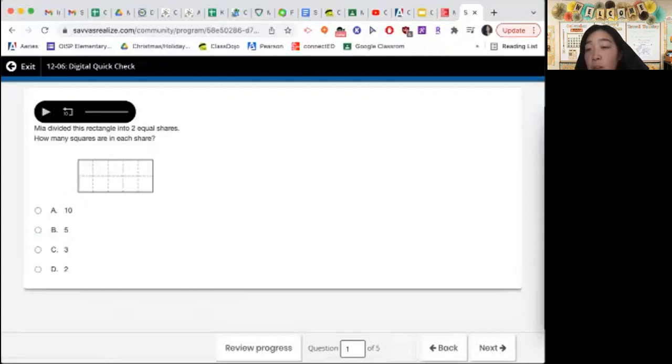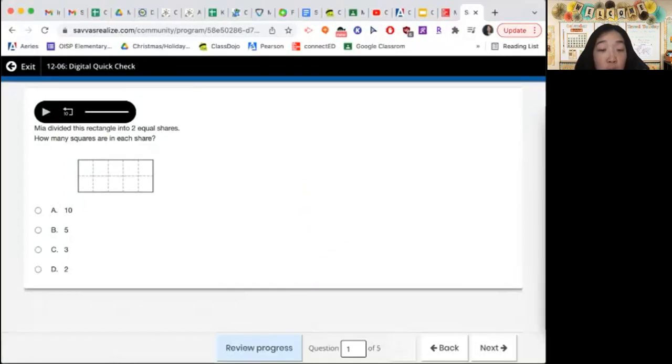If your page looks different, no worries. Mia divided this rectangle into 2 equal shares. How many squares are in each share? So she's sharing it with just one other person. Because she's dividing it between 2 people, you can just draw a line straight down the middle.